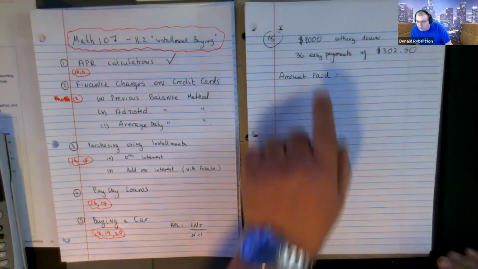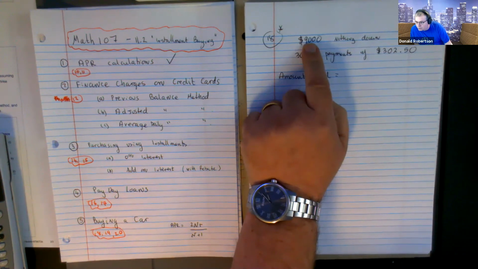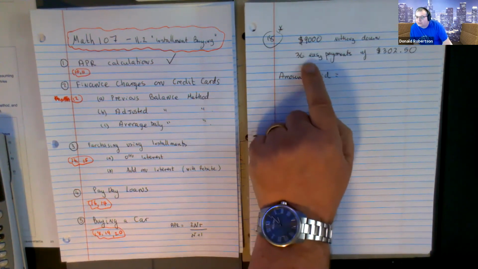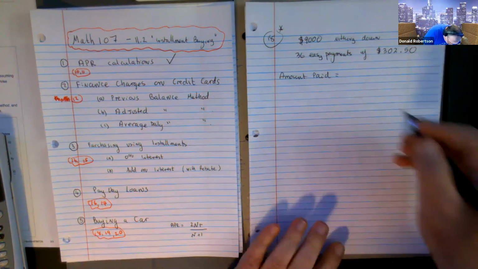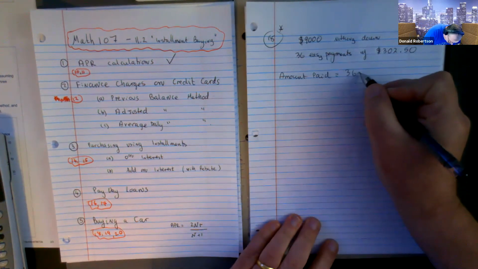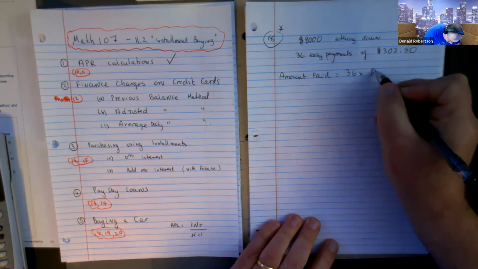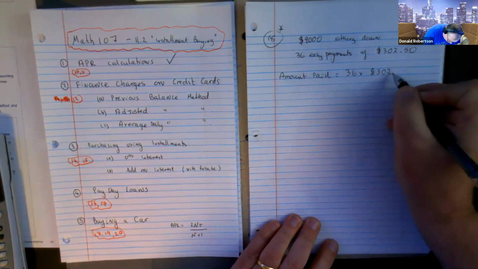Now, it's actually not $9,000. If you gave them $9,000, you could drive away with the car and it's yours, right? Well, I think it's not too difficult. Would you agree? You just multiply 36 payments of $302.50.